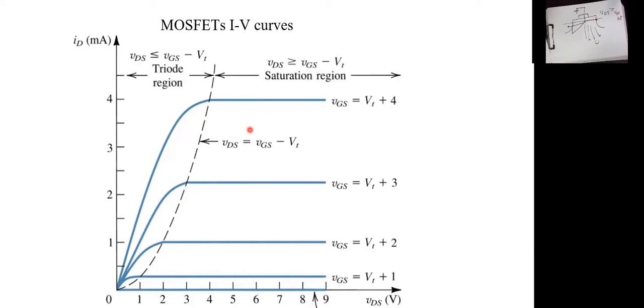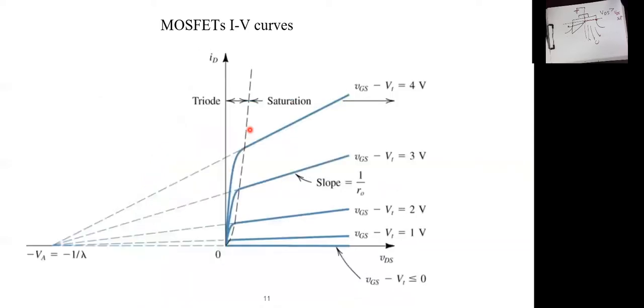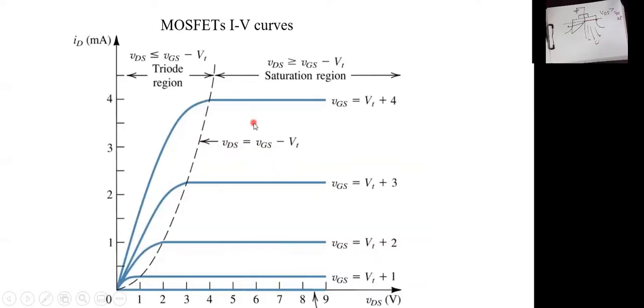However, in a realistic case, nothing is infinity. We have a very high resistance in the saturation region, but it's not typically infinity. So whenever we turn from an ideal IV curve to a realistic IV curve, we should see something like that. As you can see, now this line is no longer a horizontal line.